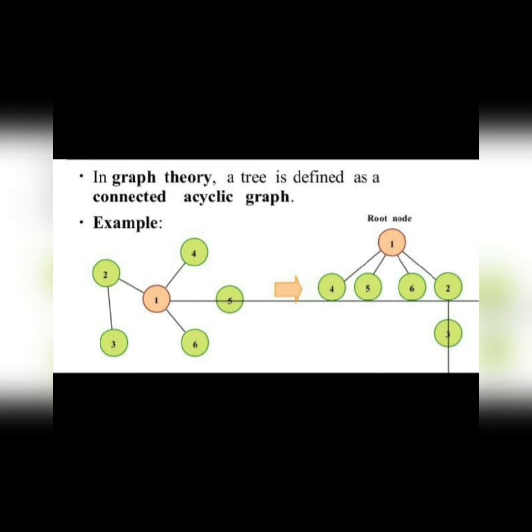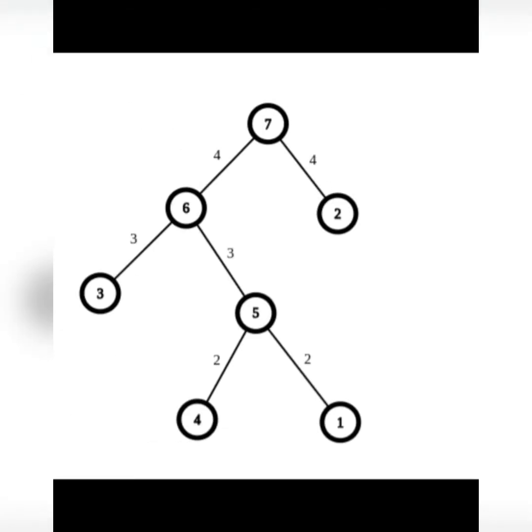Consider this example. If you take any two vertices, say vertex 1 and 5, we have a path in between, not an edge, it's a path. Suppose we take 1 and 2. We have a path from 1 to 5, 5 to 6, 6 to 7 and 7 to 2. So any two vertices you take in a graph, you must have a path. That's what is meant by connectedness.